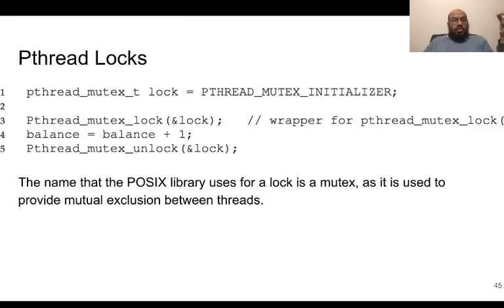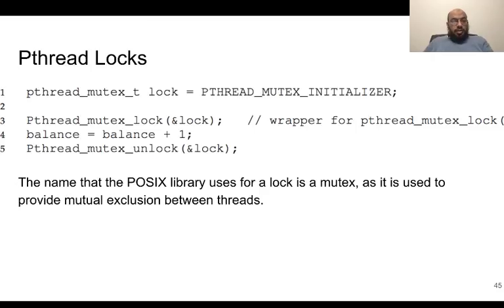pthread locks is the name that the POSIX library uses for locking. pthread_mutex_t is the lock that is provided by the POSIX library, and mutex is short for mutual exclusion between threads.